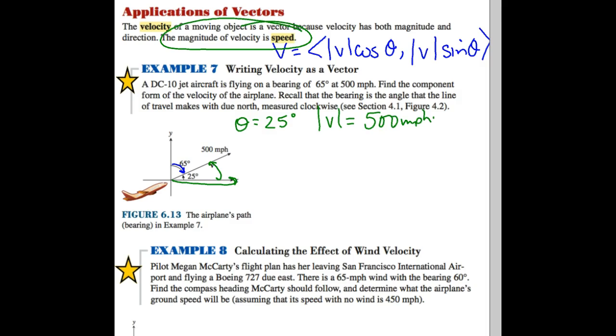Okay, so we are going to say our vector has two components. The first component would be the magnitude, 500, times what? Cosine of 25 degrees, and then the second component is 500 times the sine of 25 degrees. All right, go ahead and grab your calculators. Let's get some decimals for those.